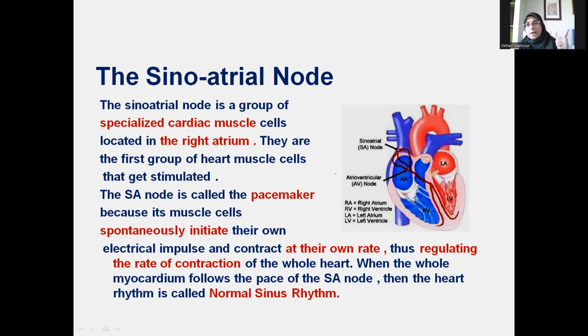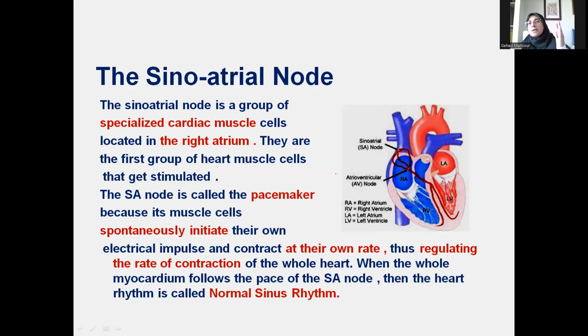So the AV node is adapted to its function because the AV node can generate impulses spontaneously, but it has a slow conduction rate. And so it allows impulses to be conducted from the atria to the ventricles, but with a delay. That delay allows what? That delay is important. Why?